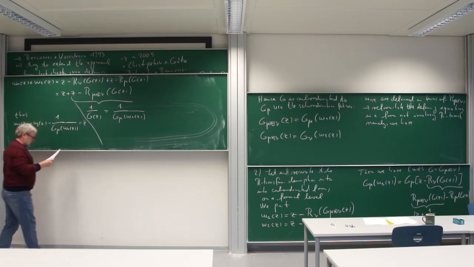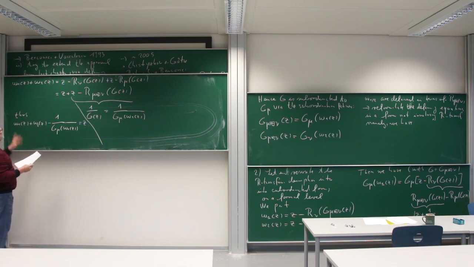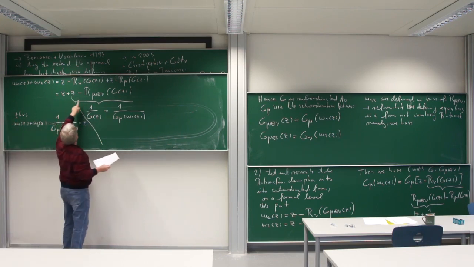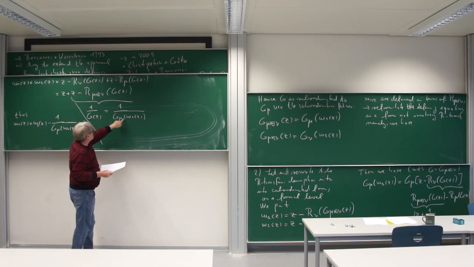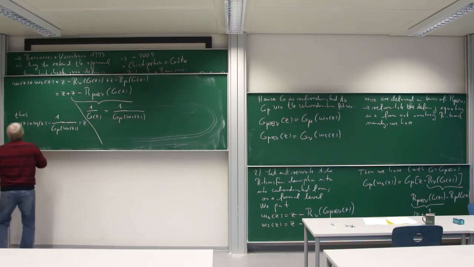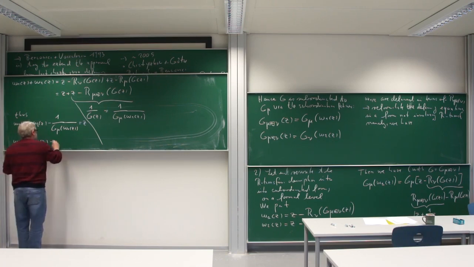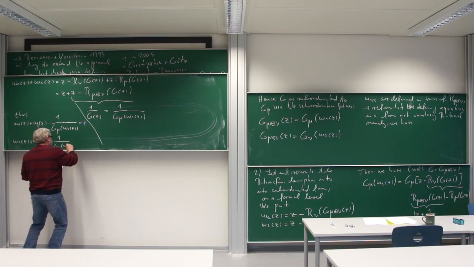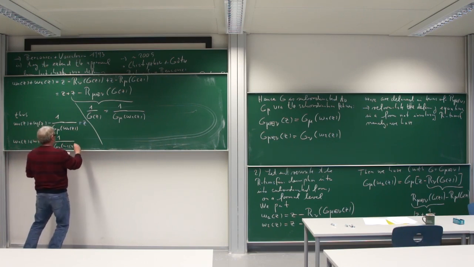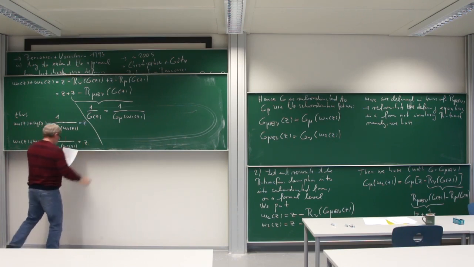In the same way, instead of using g mu of omega 1, I can also use g mu of omega 2. So I also have omega 1 of z plus omega 2 of z minus 1 over g mu of omega 2 of z. This is equal to z.